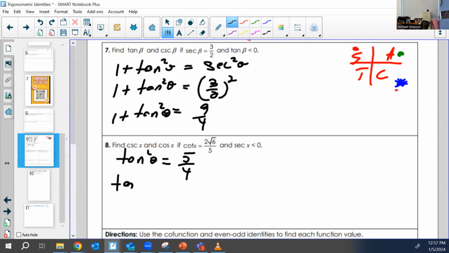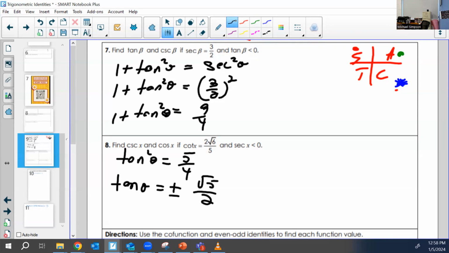Therefore, tangent is going to have 2 answers, plus or minus the square root of 5 over 2. Everybody see that? Oh, that's 5. Okay, so I have 2 answers for tangent.